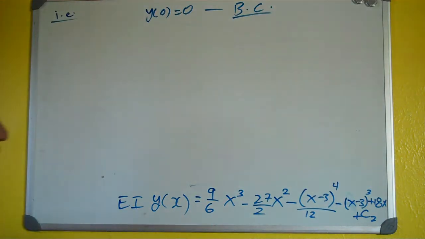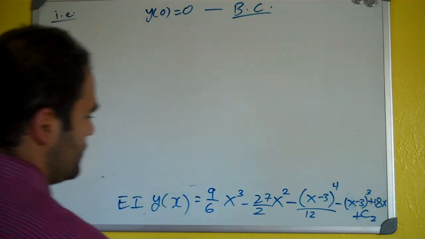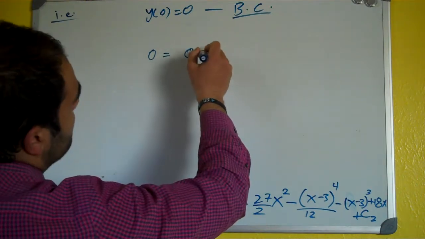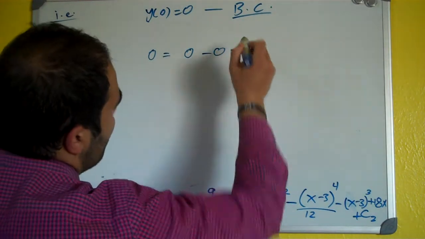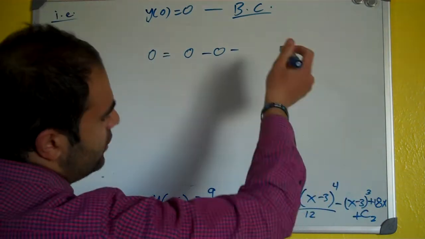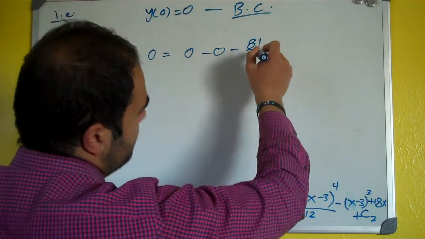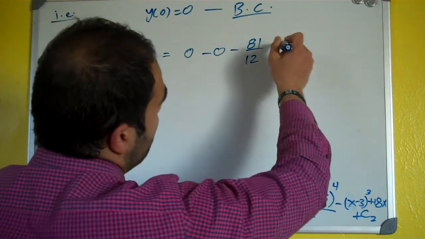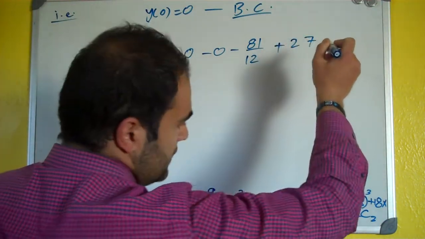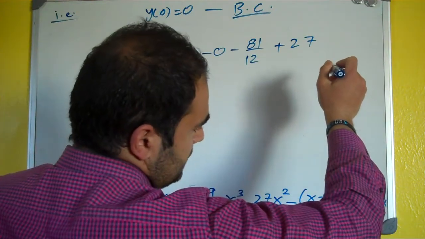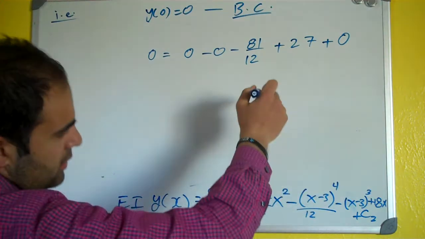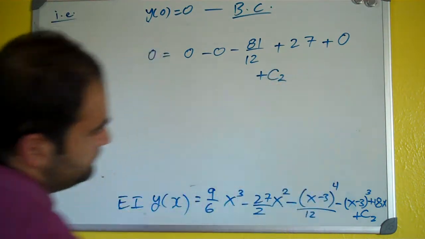Your initial condition or boundary condition, whatever you want to call it. 0 equals 0, 0, minus 3 to the fourth is what? 81, right? 81 over 12 minus 0, that's plus 27, plus 18 times 0, C2.